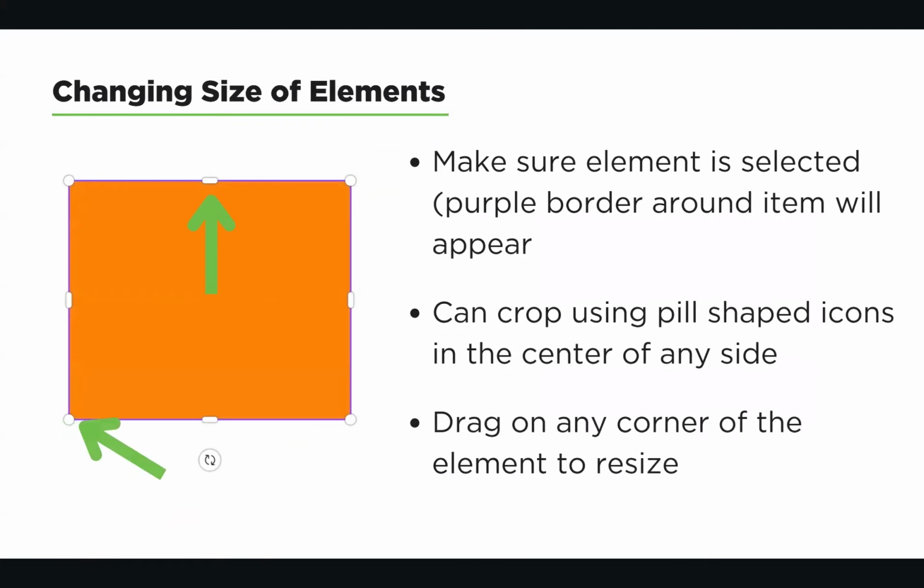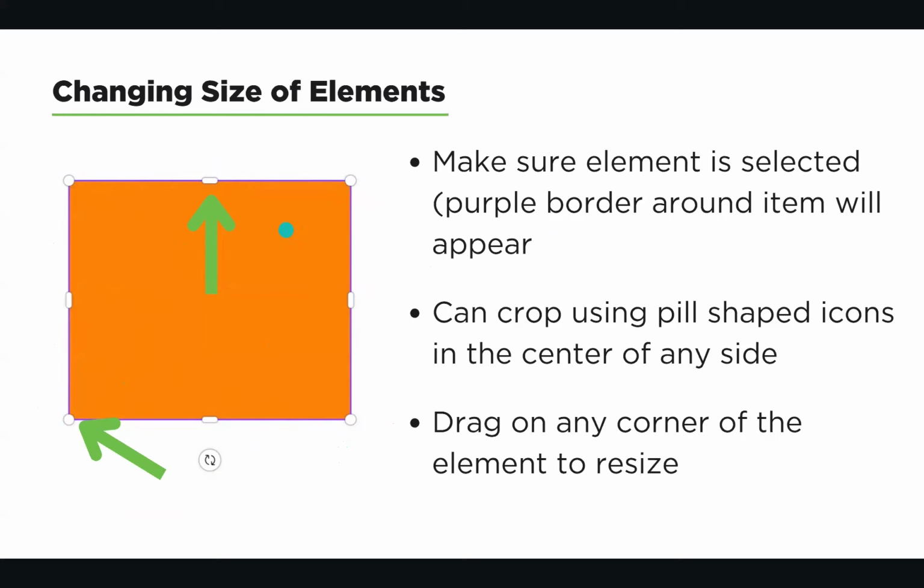If you want to change the size of an element that you've added, if you click onto it again, you'll have that purple outline. You should see either 4 circles at the end. With this being a square, you'd see those little circles. For some irregular shaped elements, you may not have that every time, but you should have these little pills, what we have been calling little pill icons.